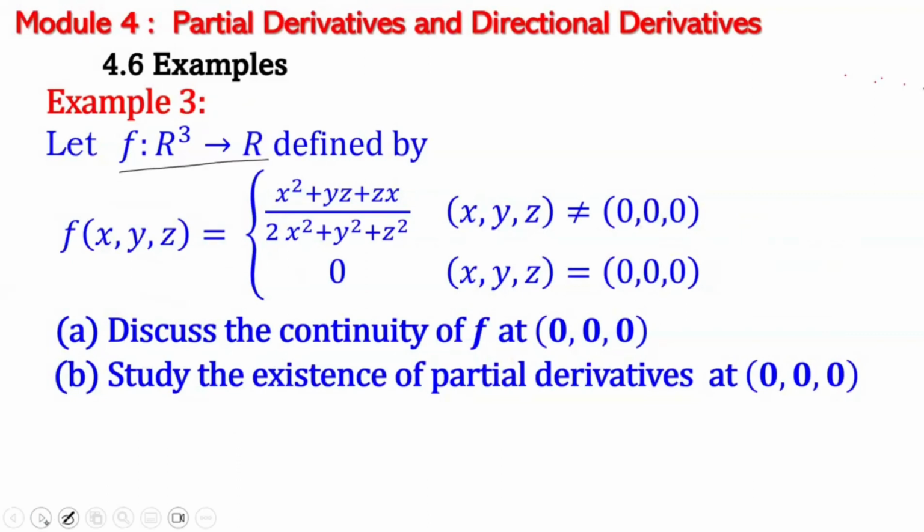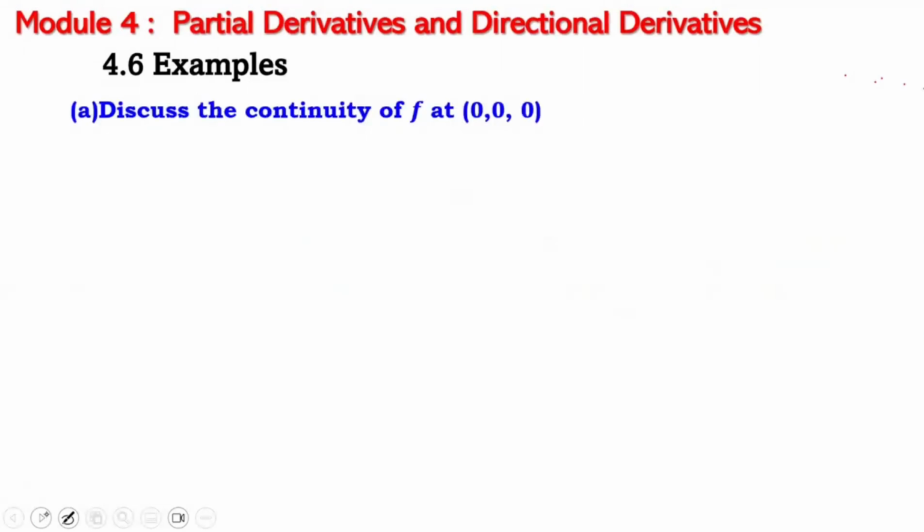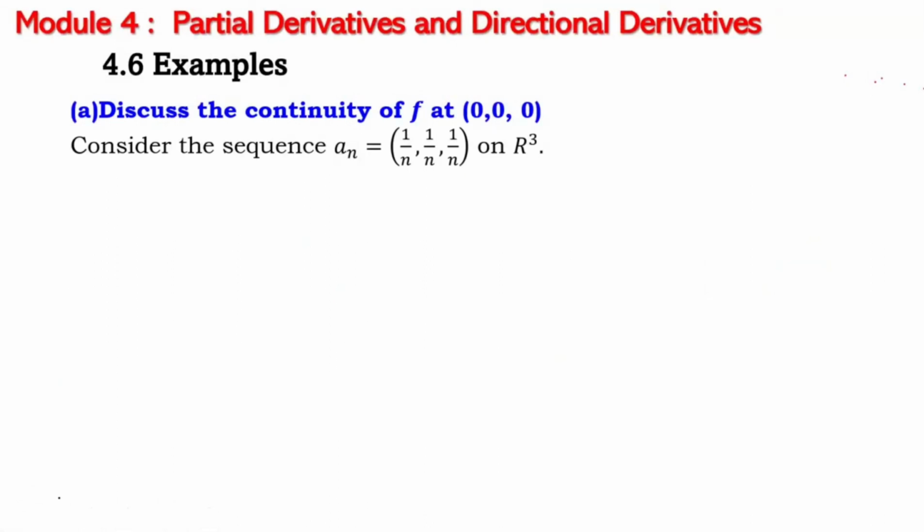First we will discuss the continuity. Is it continuous or not? So we take a sequence a_n = (1/n, 1/n, 1/n) in R3. And then clearly a_n tends to a_0 = (0, 0, 0) as n tends to infinity, which is clear because 1/n tends to 0 when n tends to infinity.